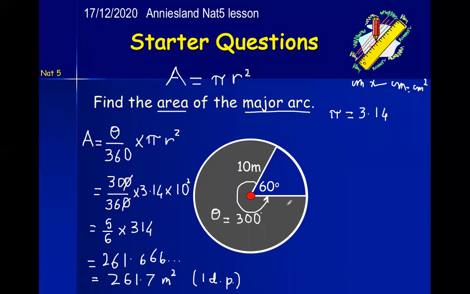So what I was saying earlier on is, imagine you can't remember this formula. The thing you need to ask yourself is, this is 60 degrees, right? How many 60 degrees can I fit into a circle?